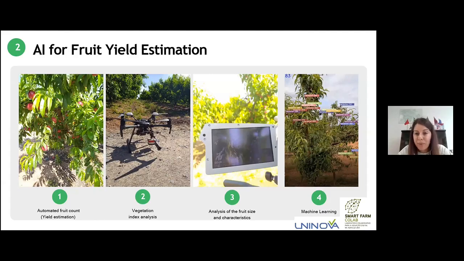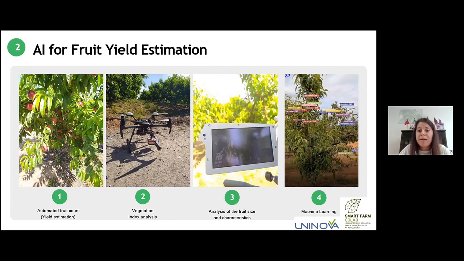Here the important thing is listening to farmers for their needs. So we are developing automated fruit count, in which we also estimate the yield, through the analysis of drones, vegetation index analysis, and also a visual approach using different cameras applied to the drones.